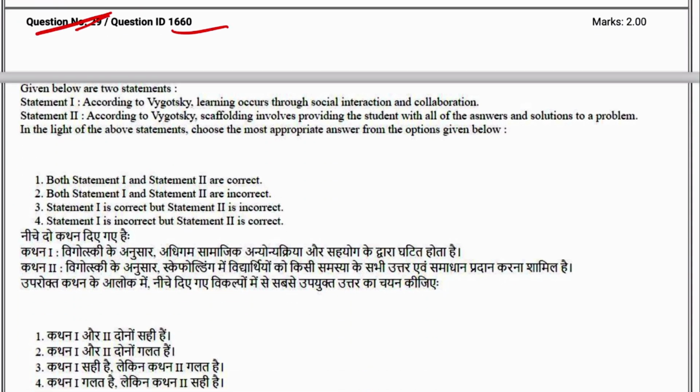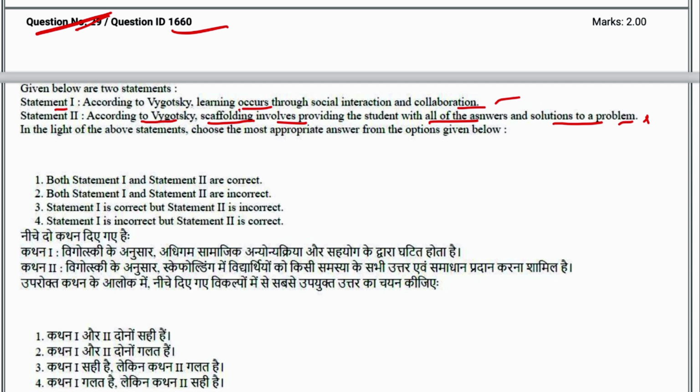Next is 60. Statement 1 is, according to Vygotsky, learning occurs through social interaction and collaboration. This is correct. According to Vygotsky, scaffolding involves providing the students with all of the answers and solutions to a problem. No, this is wrong.